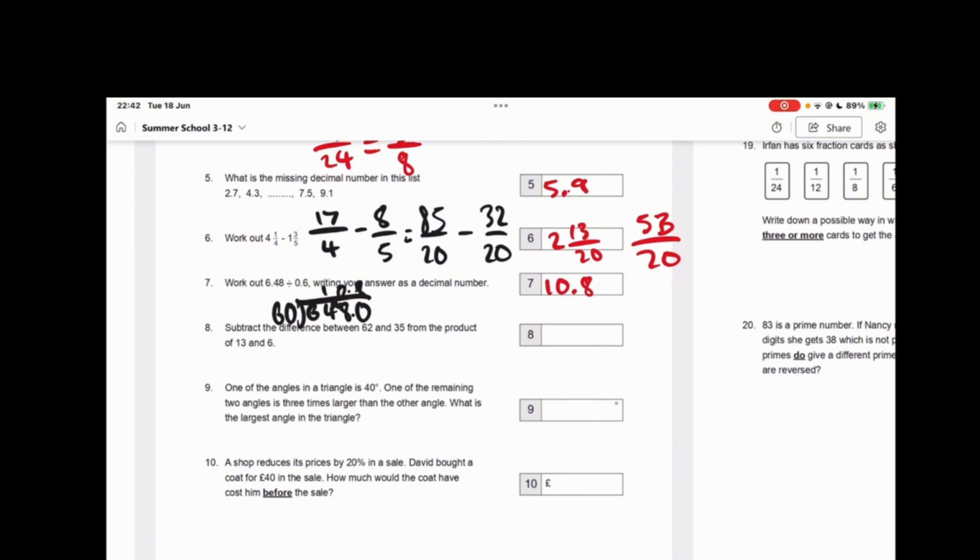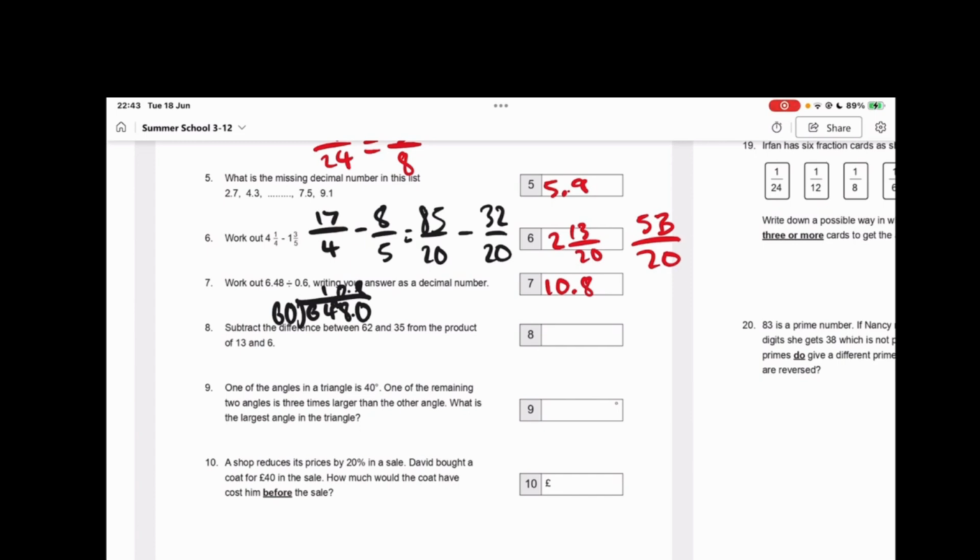Okay, so first we're going to find the product of 13 and 6.